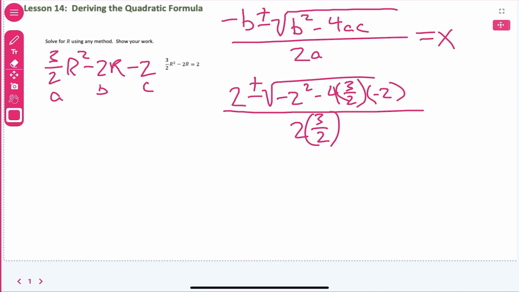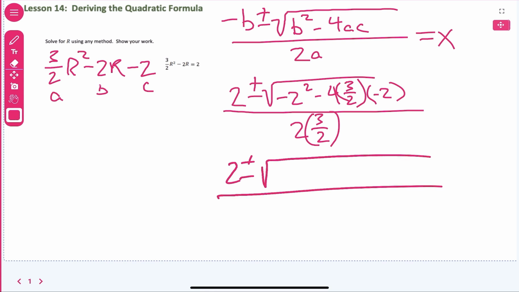All right, now I always start working from the inside of my square root symbol because I act like that's kind of like your parentheses. That's a whole other little unit there. So if I work inside that, I have 2 plus or minus the square root of negative 2 squared is 4 minus, now the easiest thing here is going to be to cancel these out, which makes that a negative 3, right?